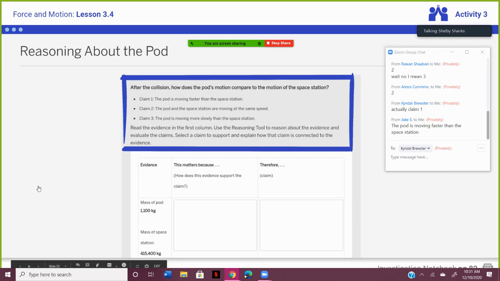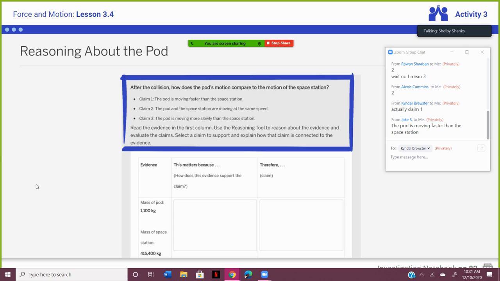Remember, the mass of the pod is 1,100 kilograms. The mass of the space station is 415,400. So we know that the space station is way more massive than the pod, right? If there is a collision, which one of those is going to experience the greater change in velocity?